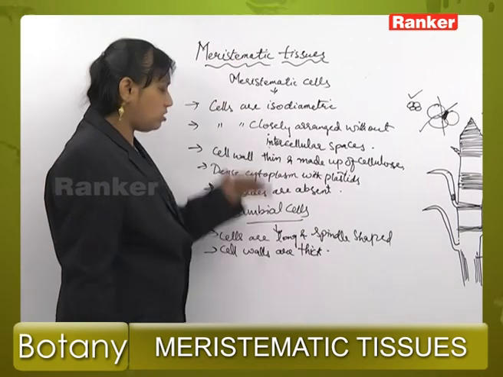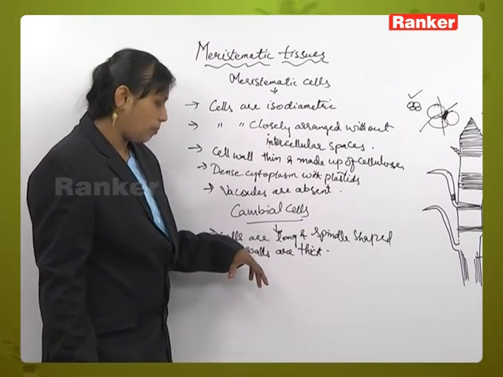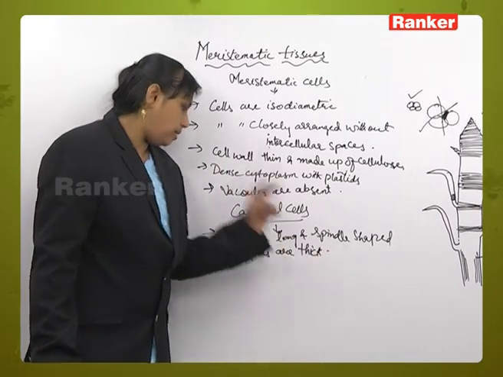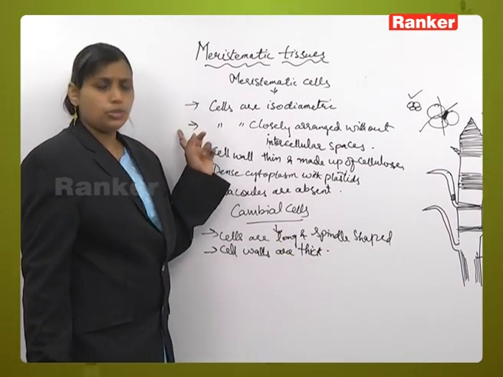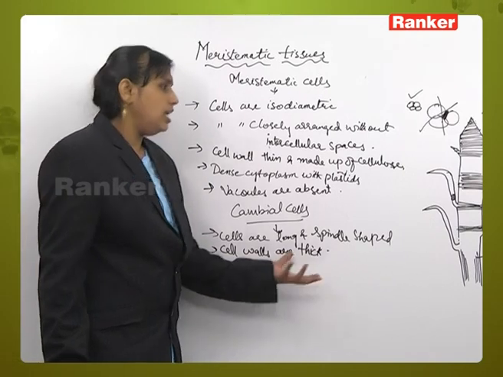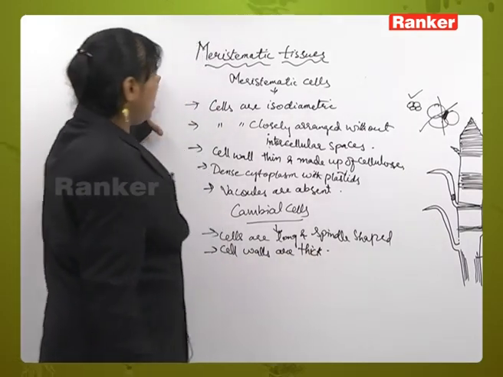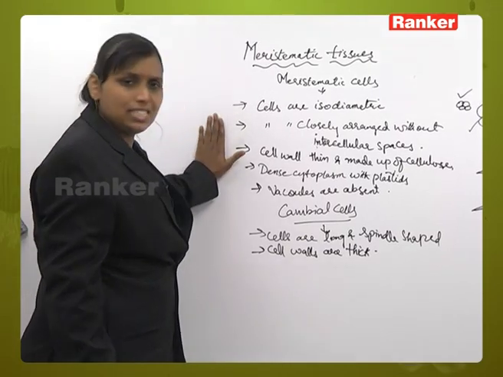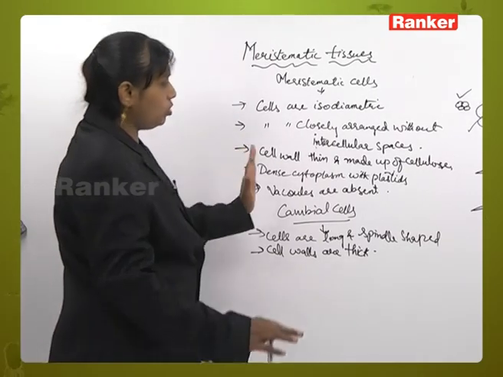So we can say it also has some meristematic tissue capacity, but the variation is that these are much longer and spindle shaped compared to normal meristematic cells, and these cell walls are thicker.